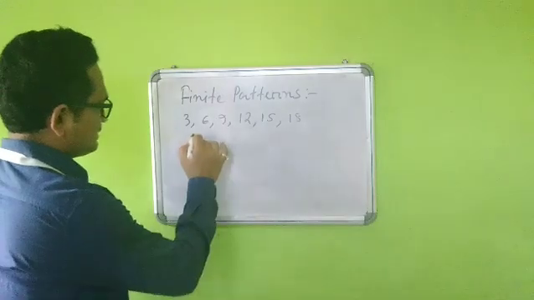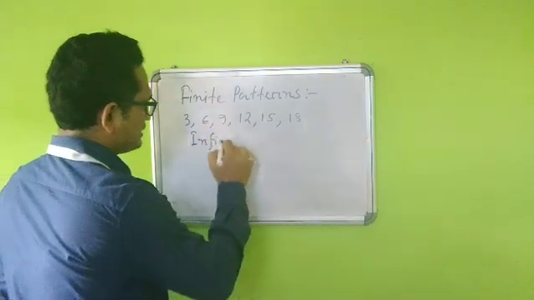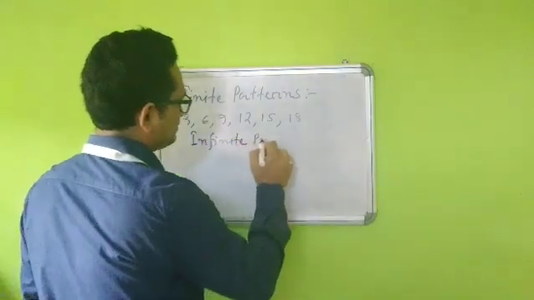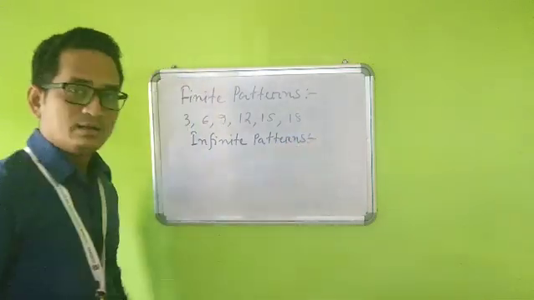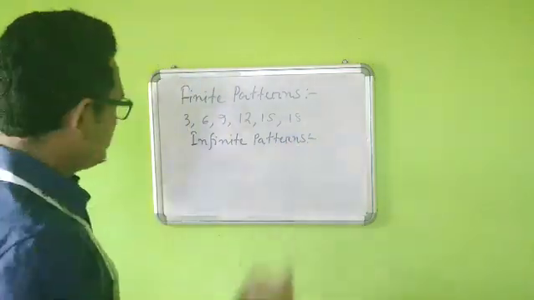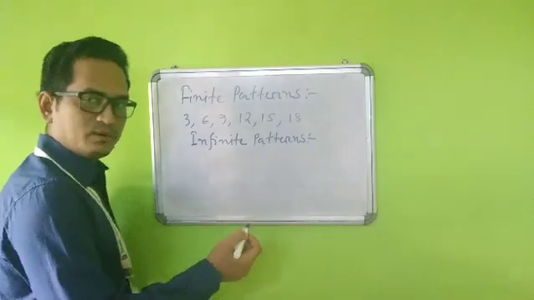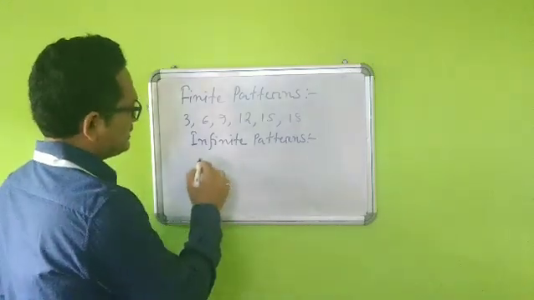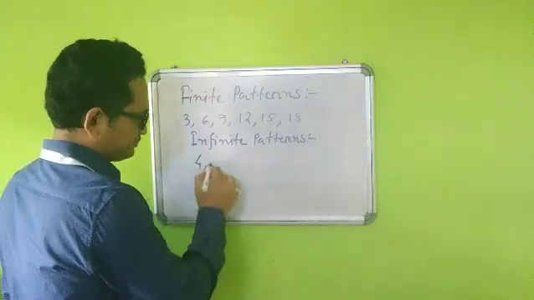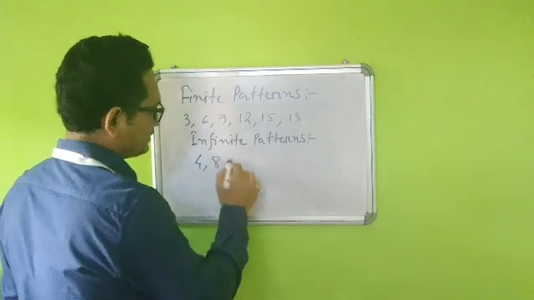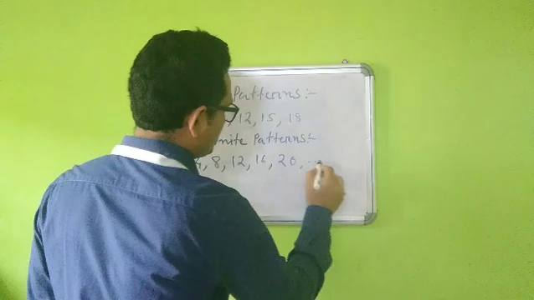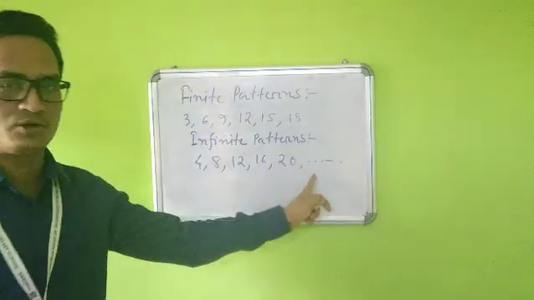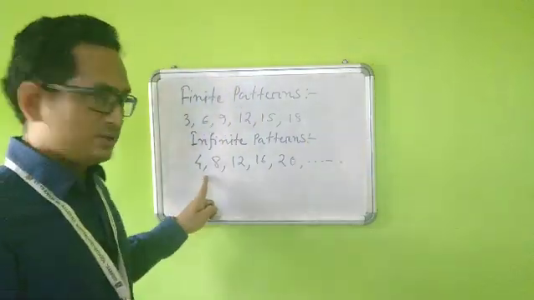Next, I will give an example which is the opposite of this, that is an infinite pattern. Now what will be an infinite pattern, students? Say I take the example of a pattern like 4, then 8, then 12, then 16, then 20, and then I put some dots here. You know the rule now.